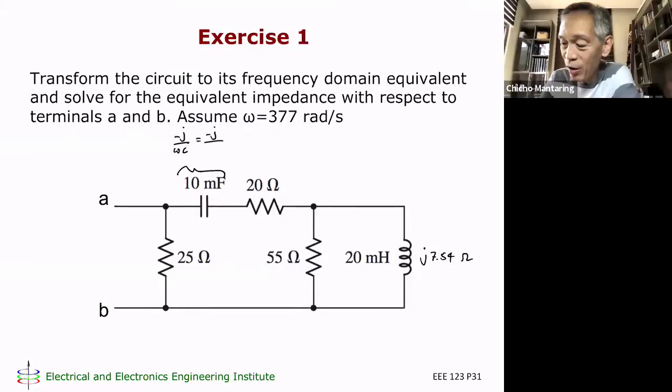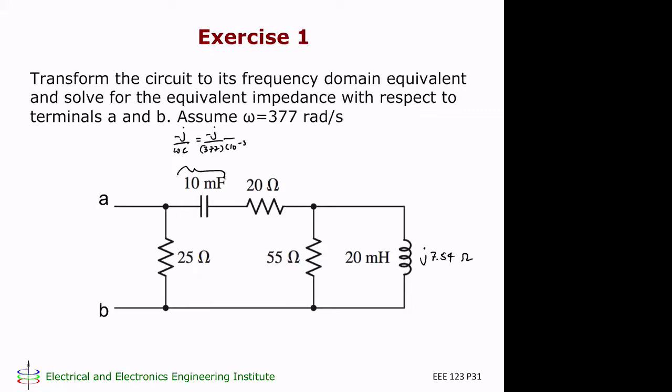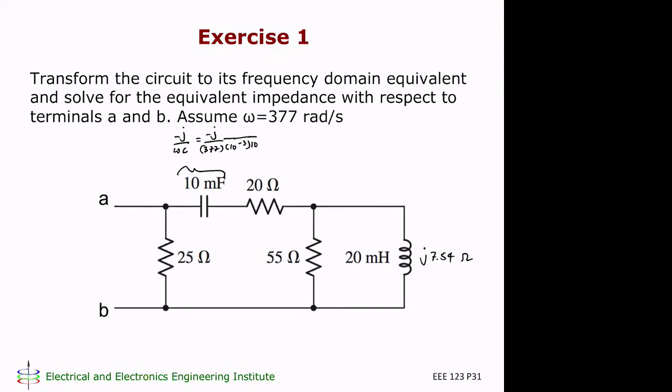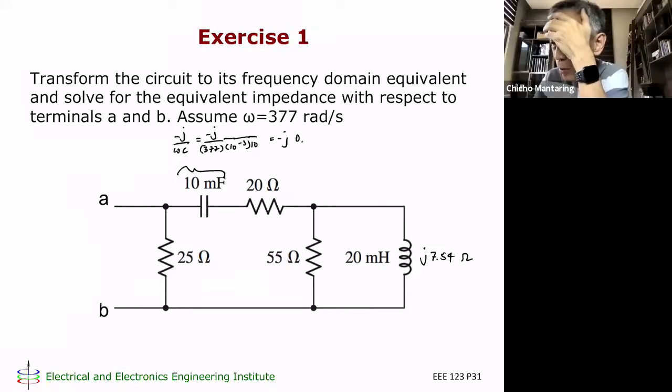So it's minus j over 377 multiplied by 10 times 10 to the minus 3, sorry. So it's negative 0.27 j. It's minus j times 0.27 ohms. Okay?